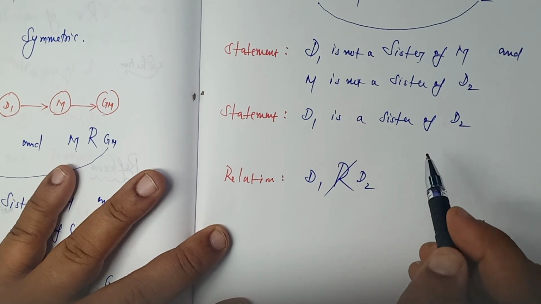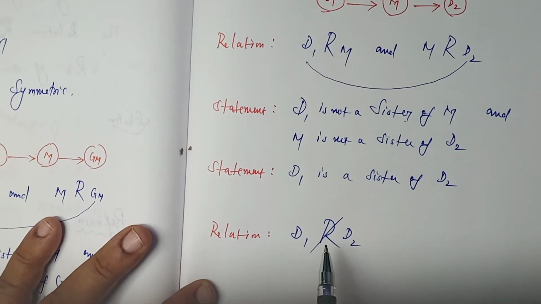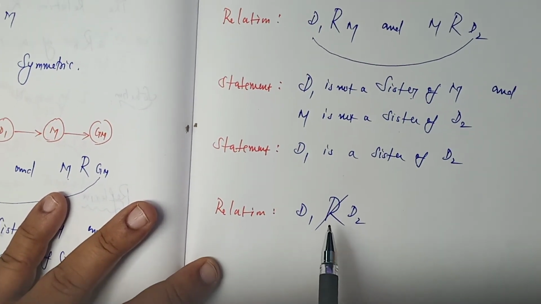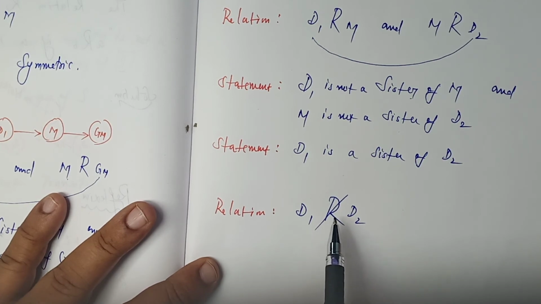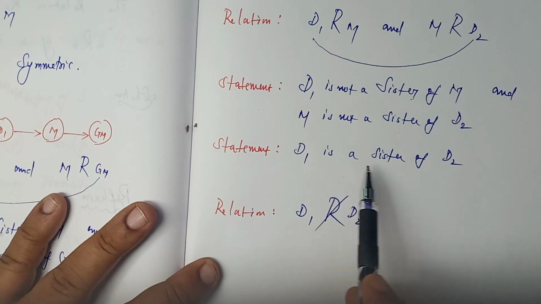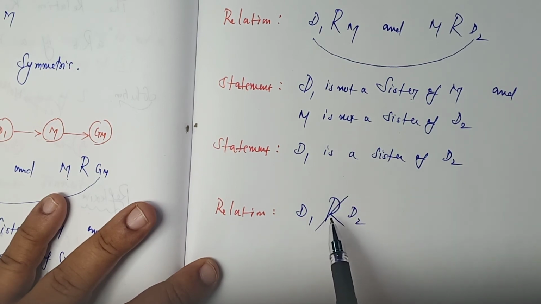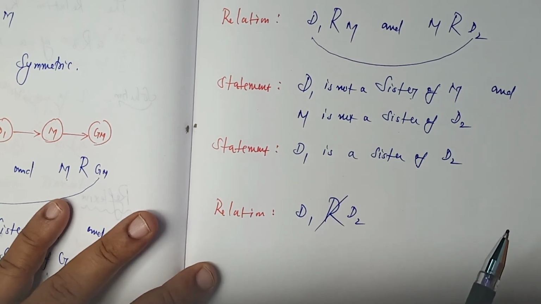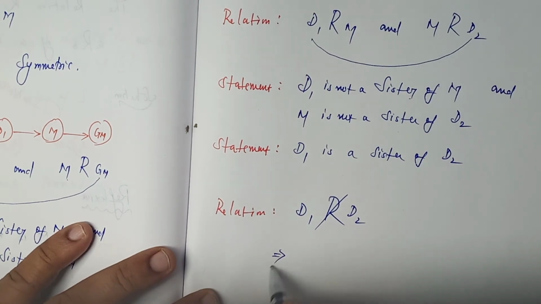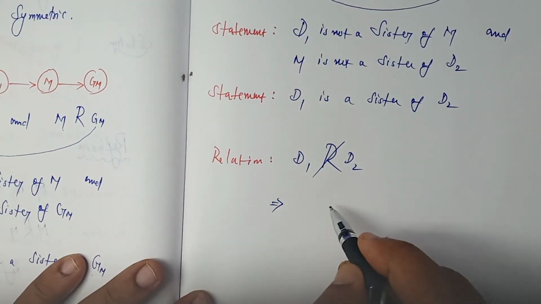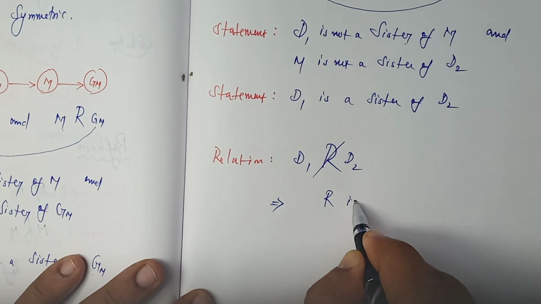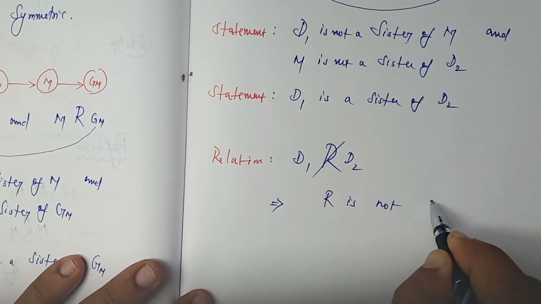Here R refers to the relation, not the family relation. The given statement is not a sister, but you are getting a sister. Therefore, this is not related. So, in this case, we have proved R is not transitive.